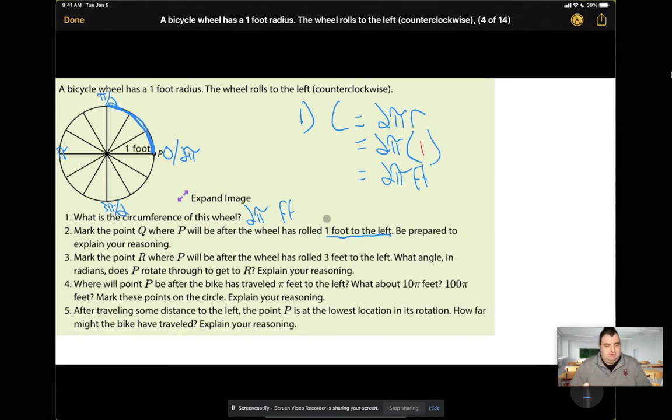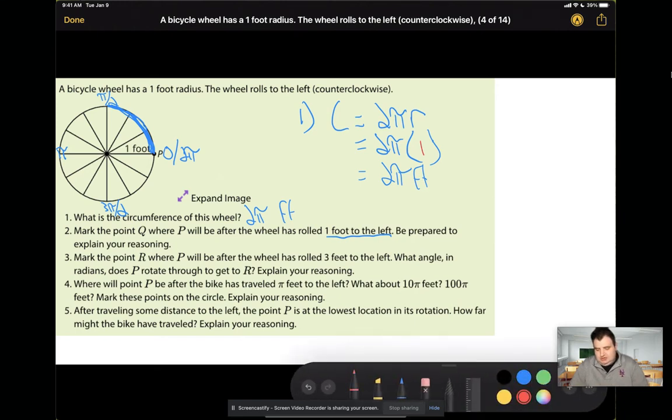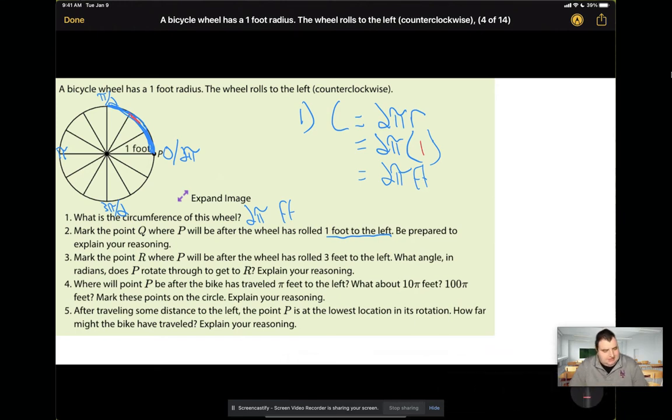So if this whole thing is 1.57 feet, because that's pi over 2, that means 1 foot's going to be just short of that. So 1 foot we can say is going to be about right here. Because if this is 1.5 feet, this would be 1, this would be a half, and this would be 0. So we'll call this point Q.